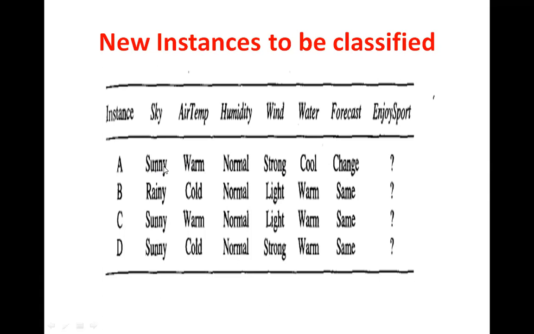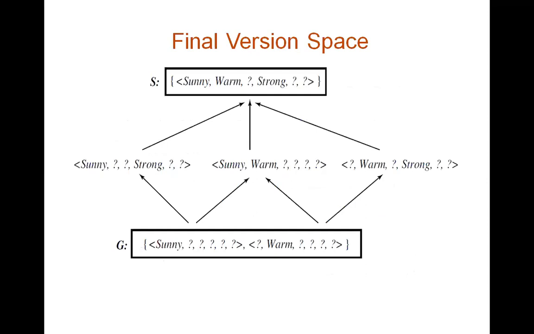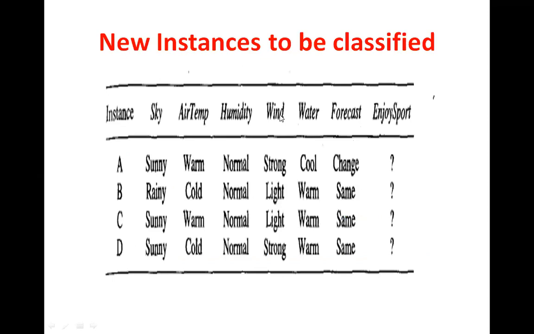I have to compare this example with all 6 hypotheses and find out what all 6 hypotheses will say. I should compare that first line with all these 6 hypotheses and find out what result I get. Similarly, you have to check all these 4 examples.